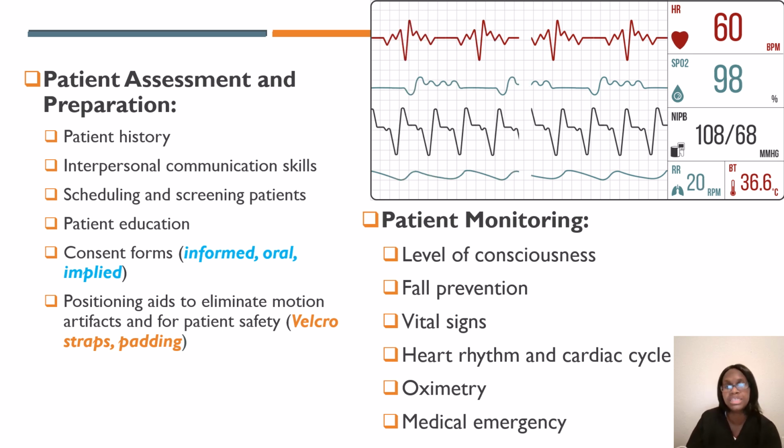And then you have your patient monitoring: the level of consciousness, fall prevention, vital signs, heart rhythm, and cardiac cycle, their pulse ox, and medical emergencies. If they are coding, do you know the number for the code team, respiratory team?